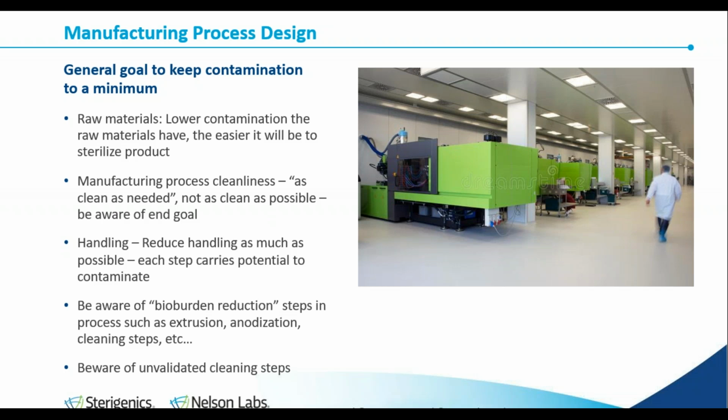Those might include extrusion processes, anodization processes, various cleaning steps, etc. But beware that if those processes themselves aren't controlled and validated, they may not be as robust as you think they are, and they may have variability that you're unaware of. So if there's any step you are actually planning to reduce bioburden with, you should develop some sort of testing to ensure the consistency of that process itself. Okay, move on to the next.